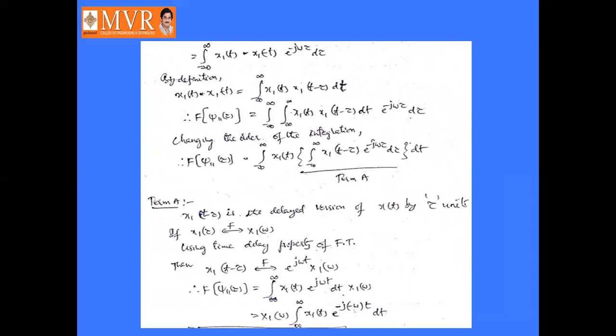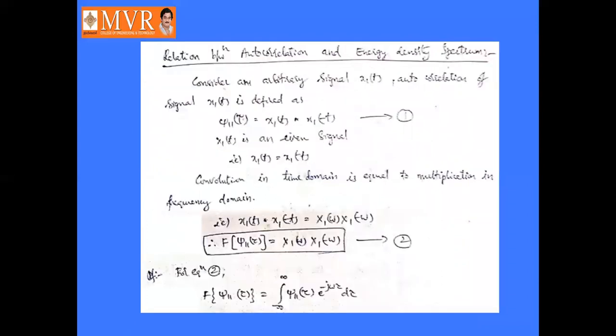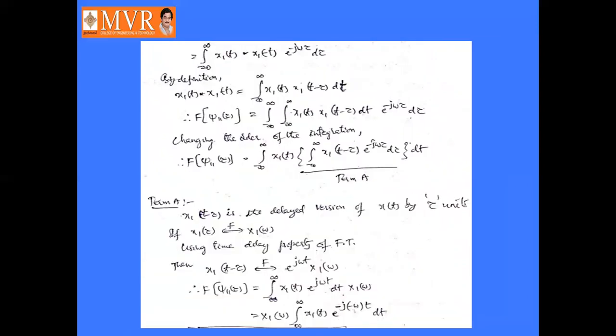So Fourier transform of J11 of tau is equal to integral of that into e power minus j omega tau d tau, right? So changing the order of integration.